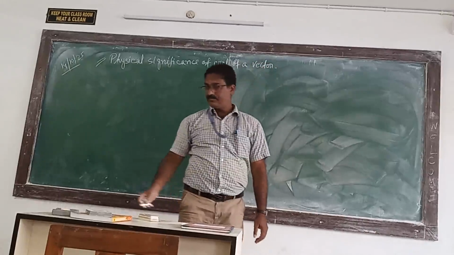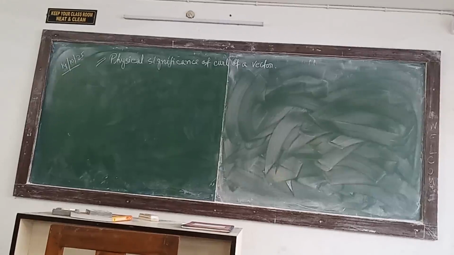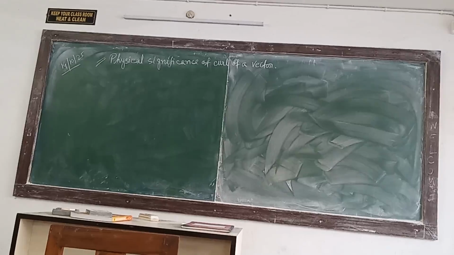Curl of a vector field at any point indicates the amount of rotation of that vector about that point.